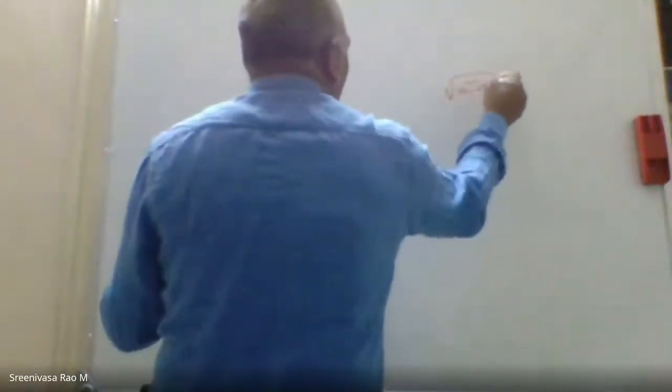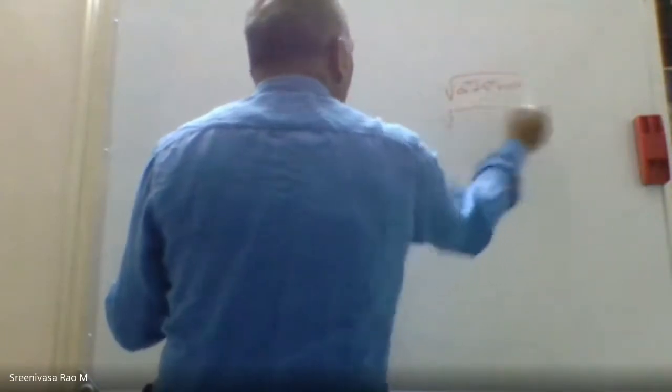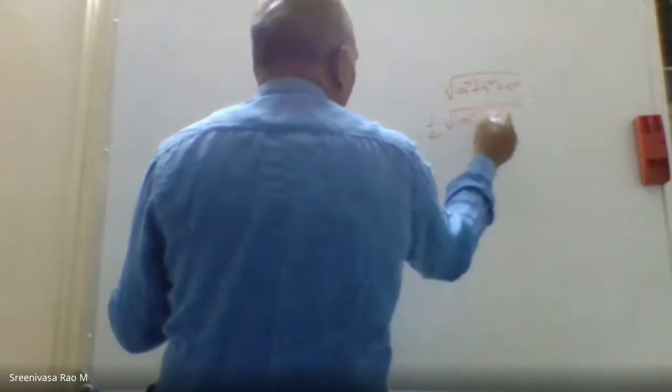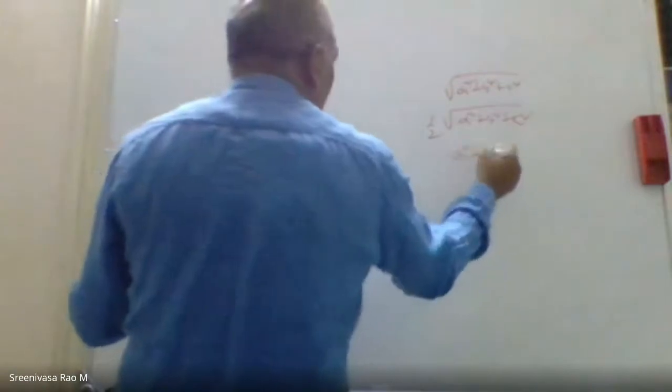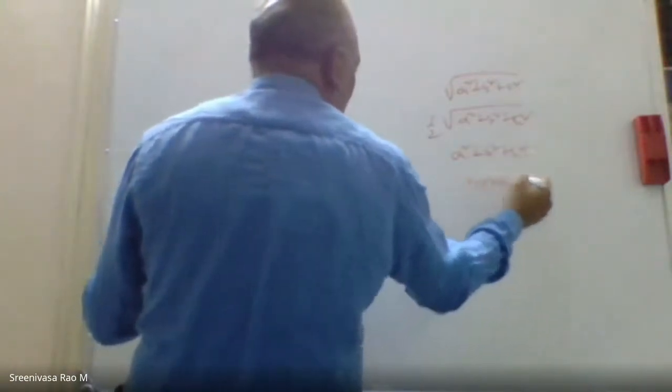The locus of the foot of the perpendicular to it from the origin is a sphere of radius: root of a square plus b square plus c square, or 1 by 2 root of a square plus b square plus c square, or a square plus b square plus c square, or none of these.